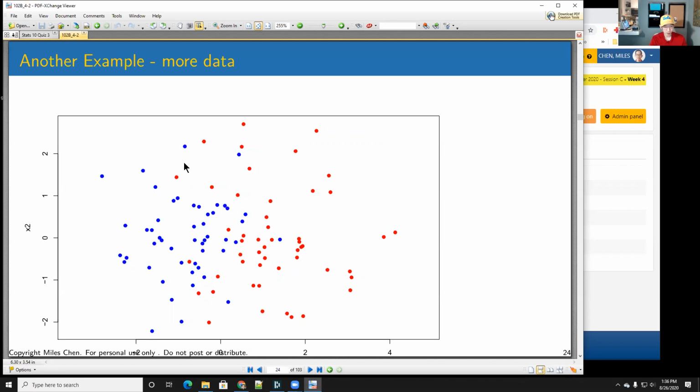So if I do k equals 1, what would this area get classified as? There's going to be a boundary between these two data points. Stuff right here will get classified as red, and halfway, at the midpoint between these two, it'll get classified as blue.